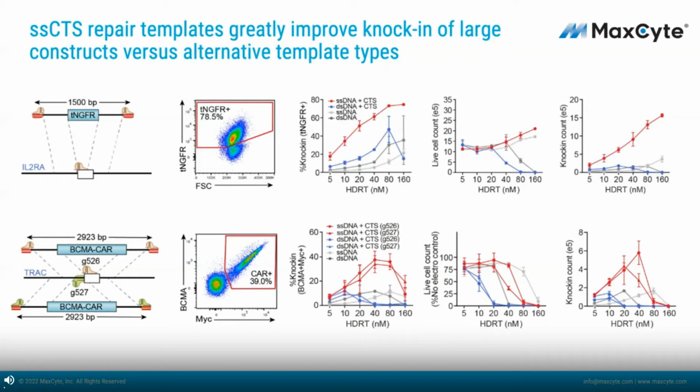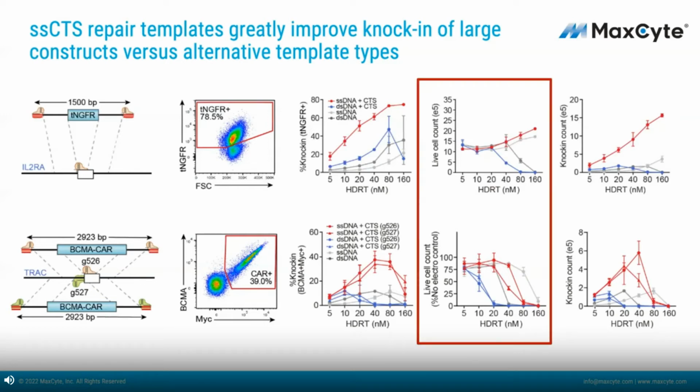So immediately it looks like the use of these single-stranded CTS templates pays off and can immediately circumvent the main issue with the double-stranded CTS templates, and that is the toxicity.